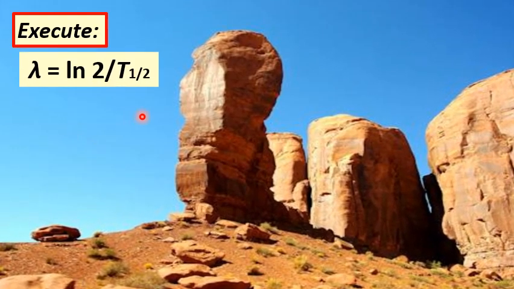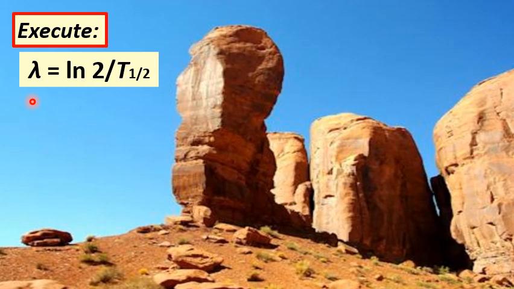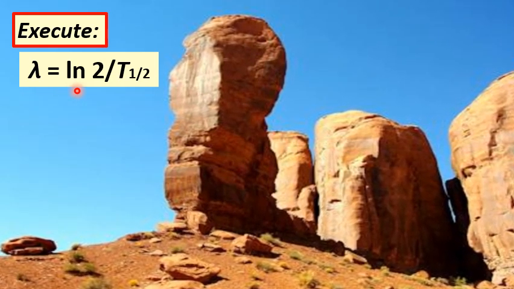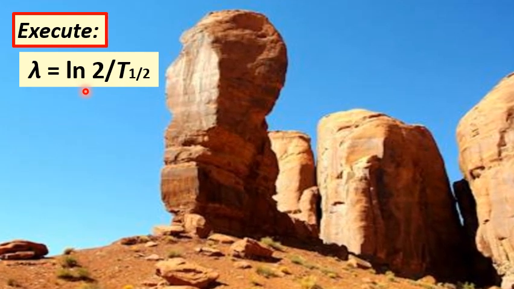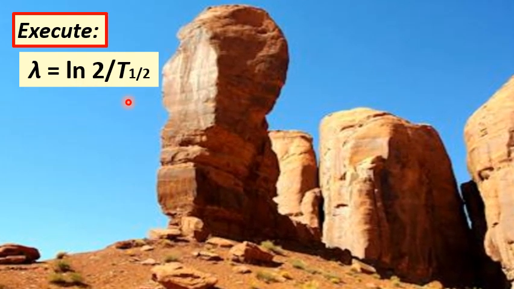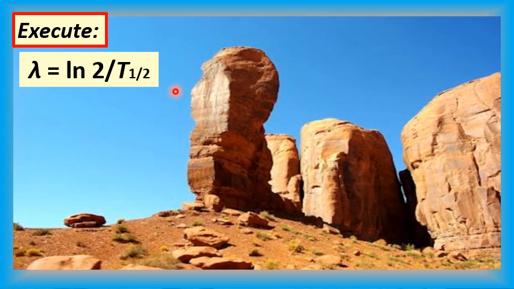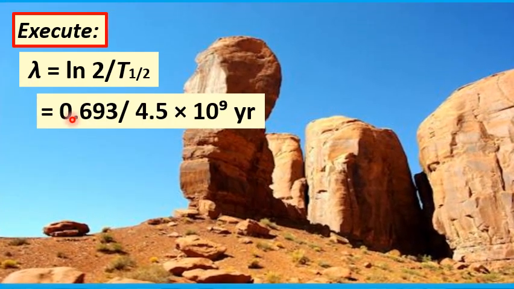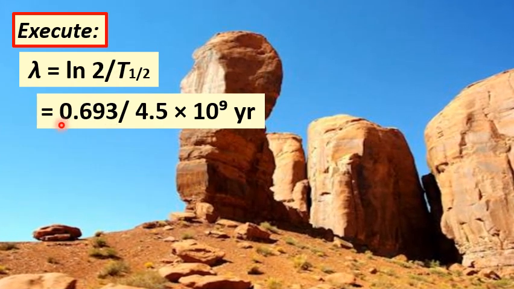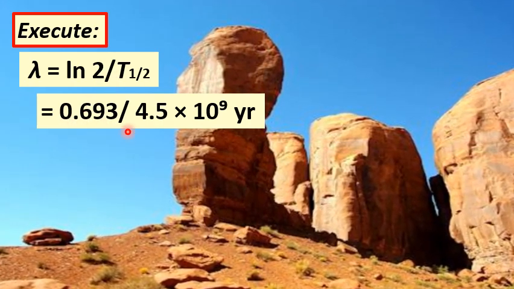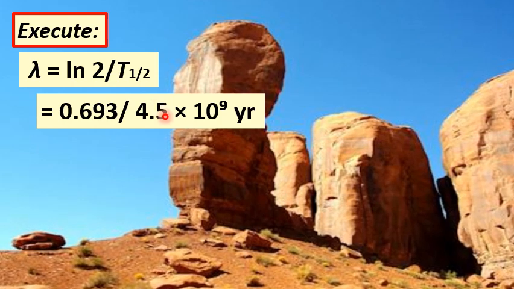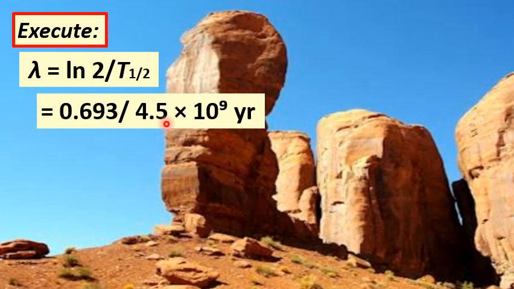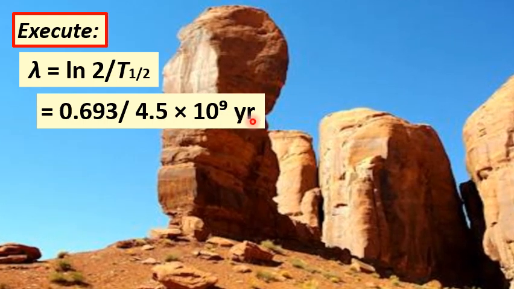Continuing with our computation for the decay constant lambda, using this formula, lambda equals the natural log of the number 2 divided by the half-life of uranium-238. Substituting, we get the natural log of 2 equal to 0.693, divided by the half-life of uranium-238, 4.5 times 10 to the 9th year.